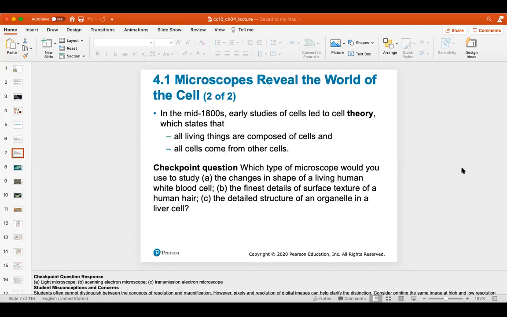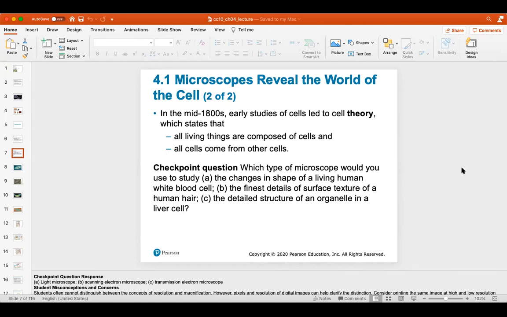In the mid-1800s, studies of cells led to the cell theory, which states that all living things are comprised of cells and all cells come from other cells. So which type of microscope would you use to study the changes in shape of a living human white blood cell? It would be a light microscope.